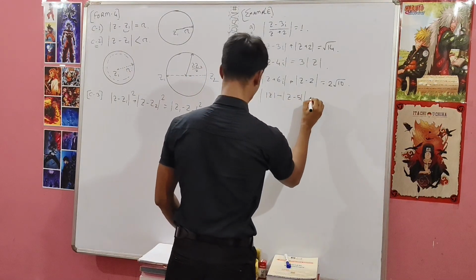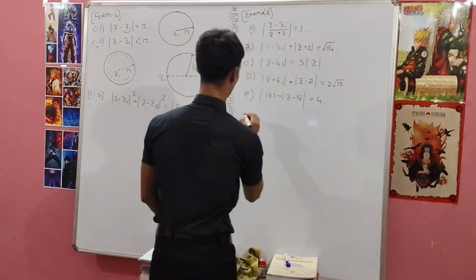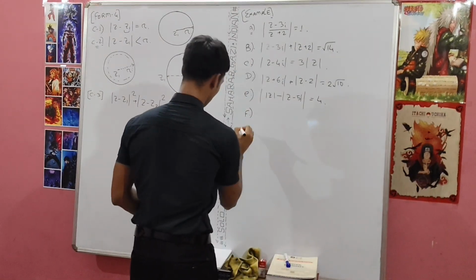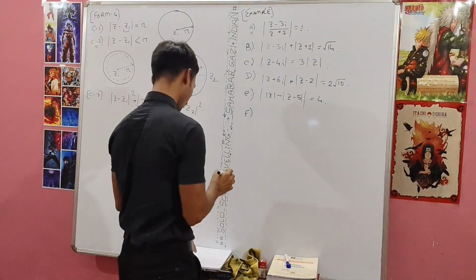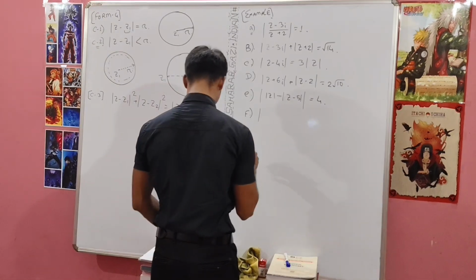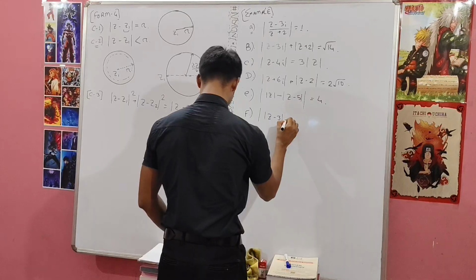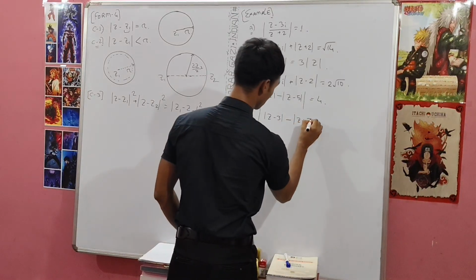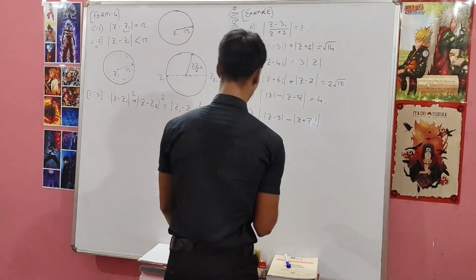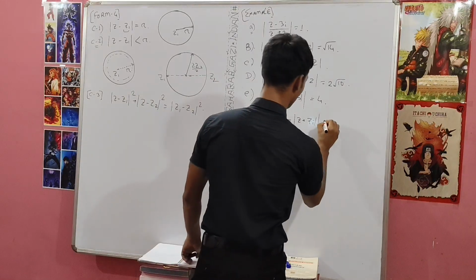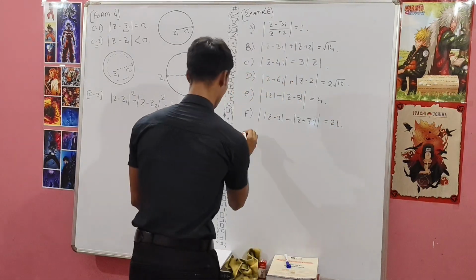Sorry, fifth था नहीं, fifth one is mod of mod z minus mod z minus 5 is equal to 4. इन सब का लोकस find करना है आपको. Seventh one is mod of z minus 3 minus mod of z plus 7i, it's the third form, is equal to 21.